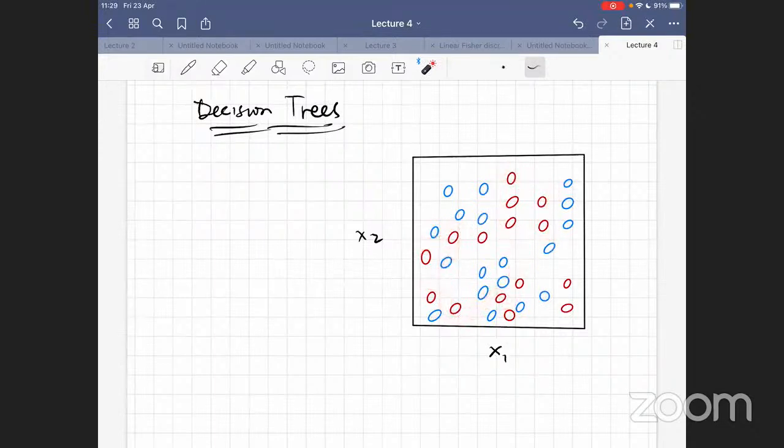However, with decision trees, this is much easier. The idea of decision trees is to split the input space, always in a binary way.